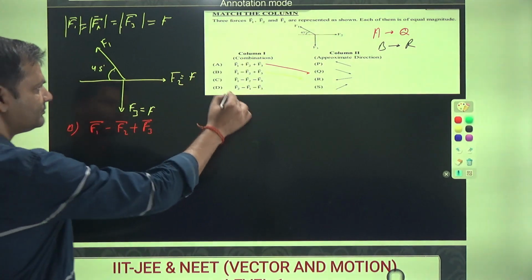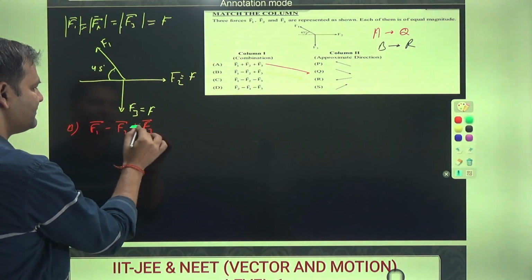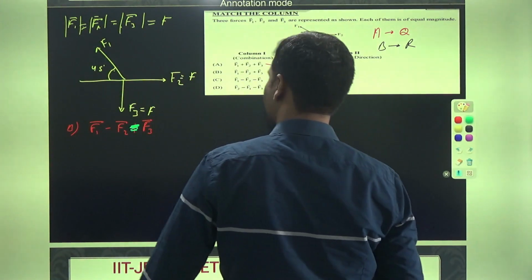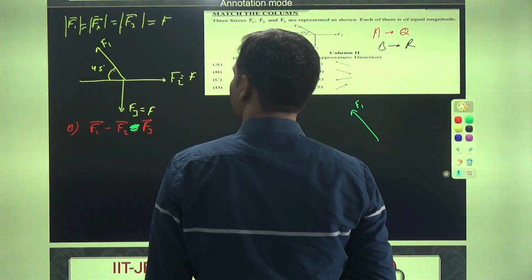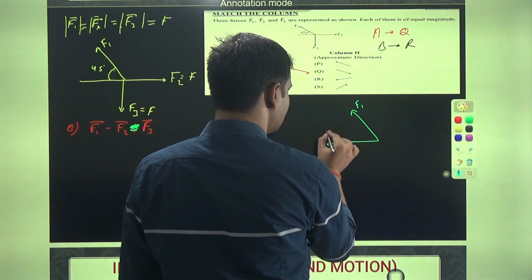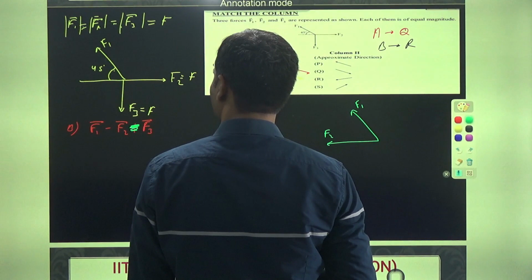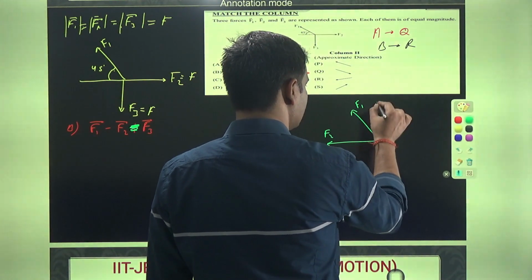Now the third one, F1 minus F2 minus F3, that is minus F3. First of all, redraw F1 like that, minus F2 like that, and minus F3 is going on here.